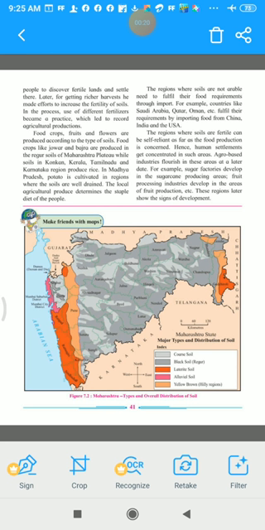I have explained you in the last session how man understood that the soil can be used as a resource for growing plants and can yield crops. So man realized that agriculture can be done, and he started producing more and more crops. He increased his production in the agricultural sector.